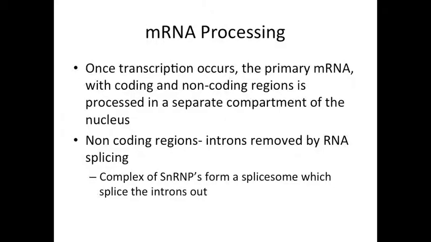A crucial step in eukaryotes after transcription is mRNA processing. In this event, the primary mRNA with coding and non-coding regions is processed in a separate compartment of the nucleus. The non-coding regions, or introns, are removed by RNA splicing. RNA splicing is done by the complex of snRNPs, which form a spliceosome.